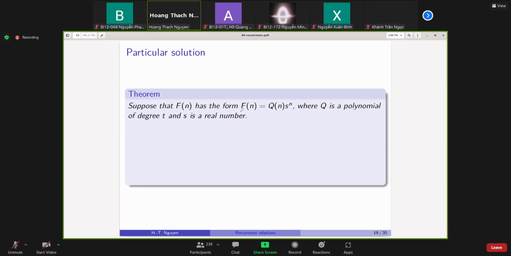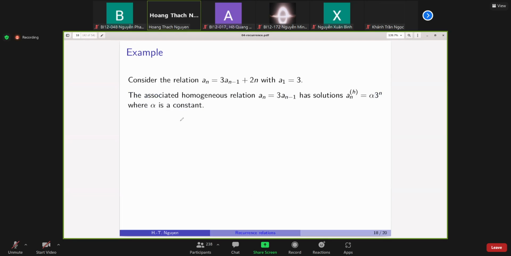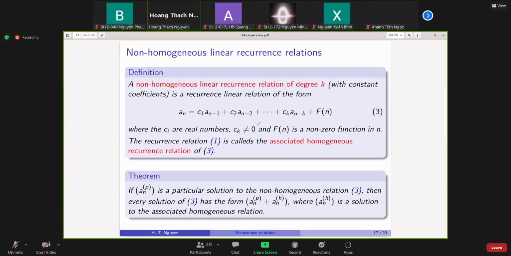This theorem states that if f(n) is some polynomial times an exponential function in n, then we have a method to find a particular solution for the relation. Of course, we always talk about a relation of this form.